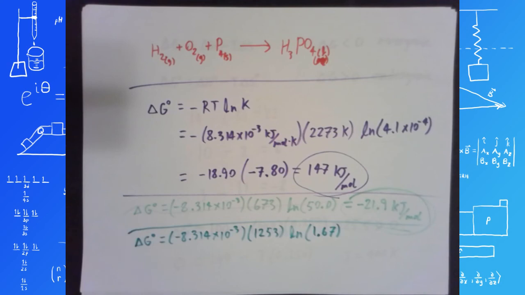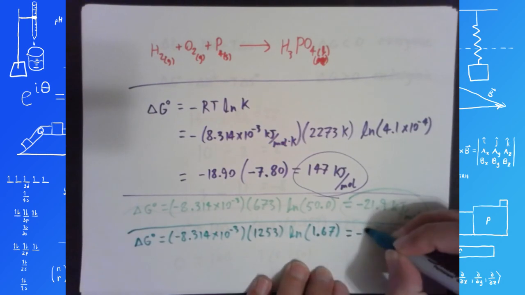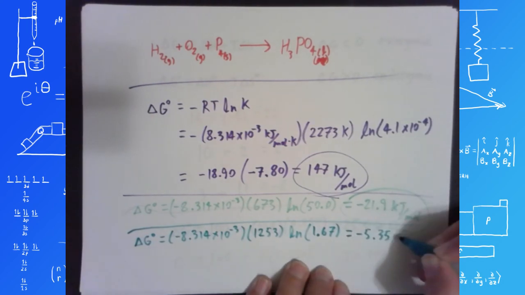And then ln of 1.67, 3 sig figs, 3 decimal places, so that's 0.513, times negative 10.42, 3 sig figs, that's negative 5.35 kilojoules per mole.